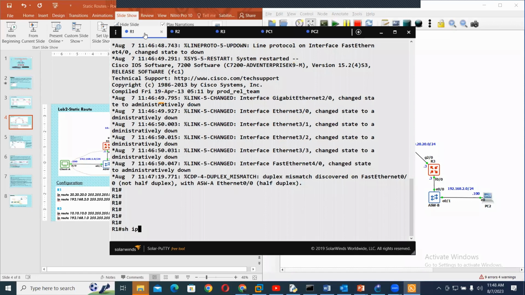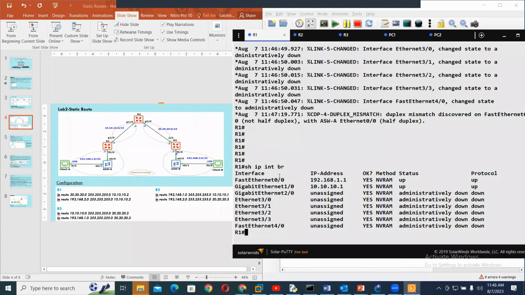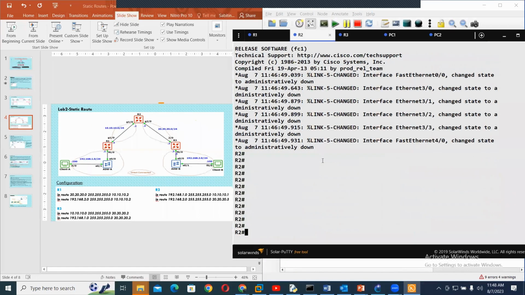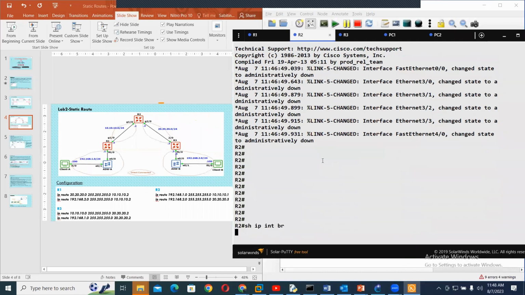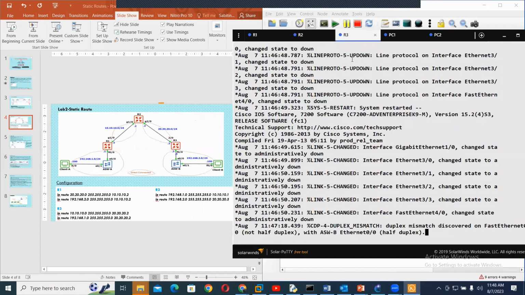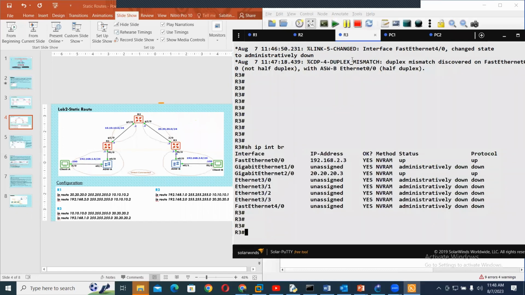Show IP int brief. Yeah, we have configured the interface addresses, and they are up for router 1. Let's check for router 2. Show IP int brief. Yes. Router 3. Show IP int brief. Yes.